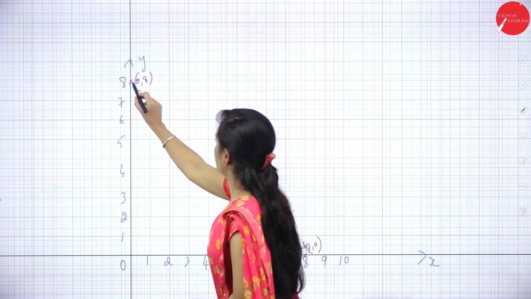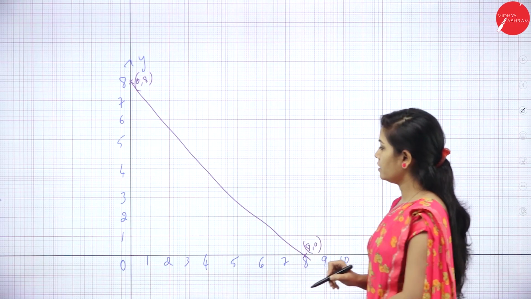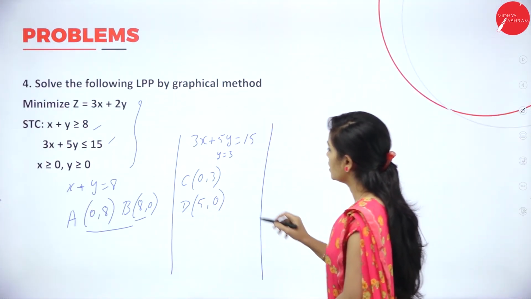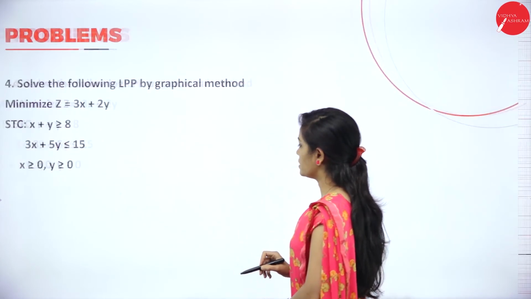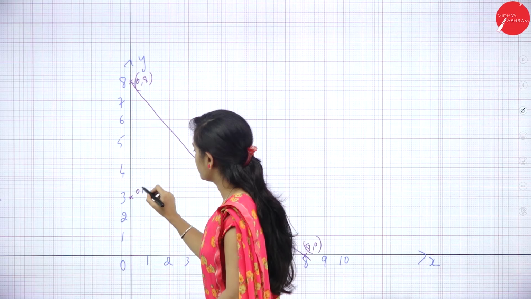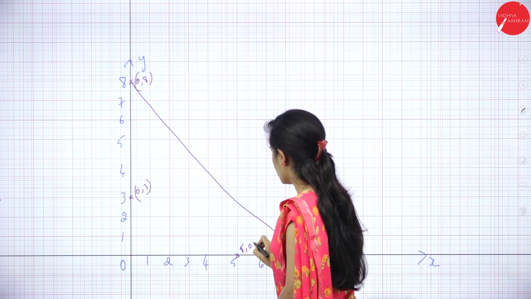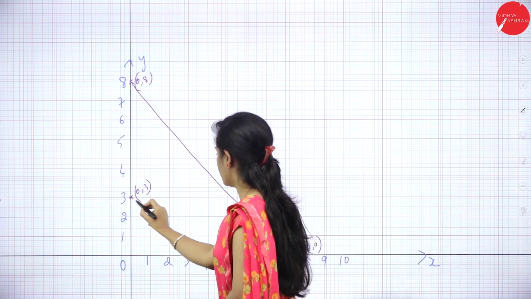You just join these two points now. And the second points are (0, 3) and (5, 0). Connect these two points.